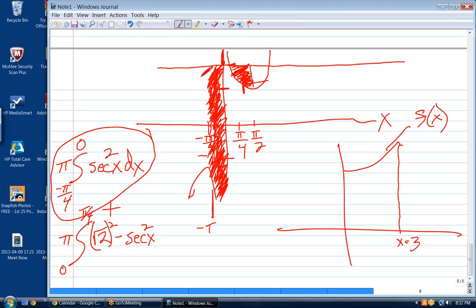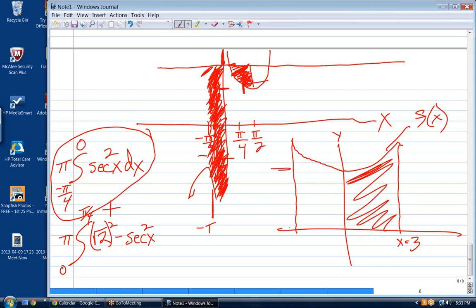So if we take some function that looks like this, and it's bounded by x equals 3 and the x and y axis, in other words, we're rotating this part here about the y-axis, we're going to create a shape like this. And notice that we're going to use disks, but horizontal disks.